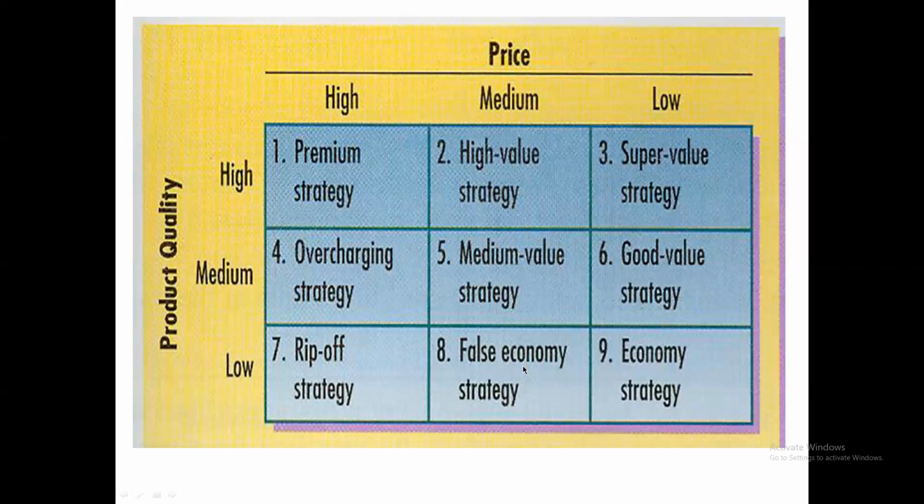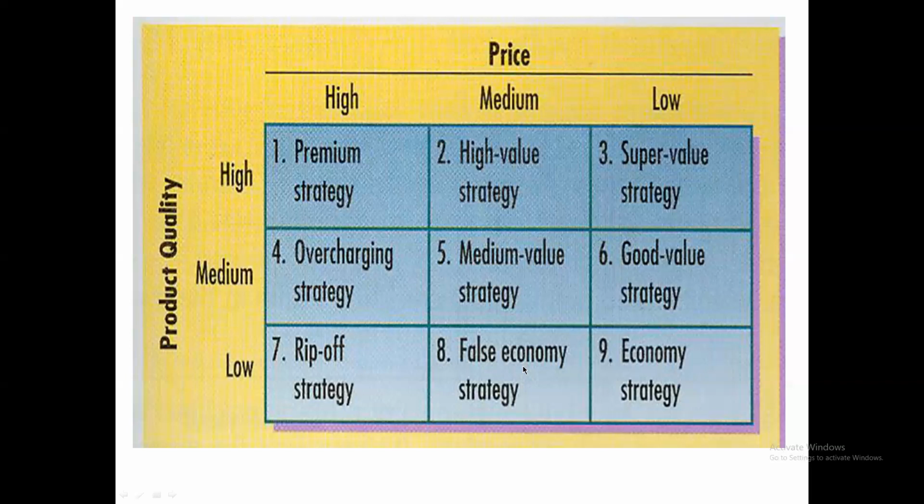Then if the price is medium and the product quality is low, that is the false economy strategy. And then if both quality and price are low, that is called the economy strategy. And this is for lower class, lower income people, and I think that is a good strategy for them, because a high price is not affordable for them.